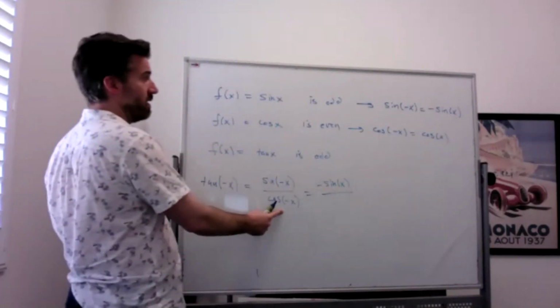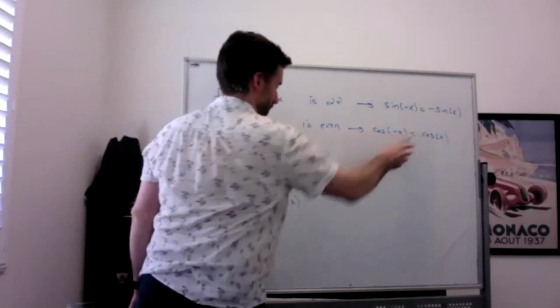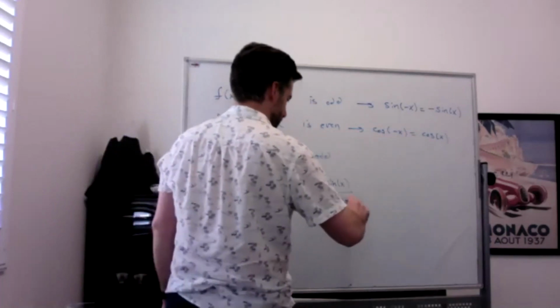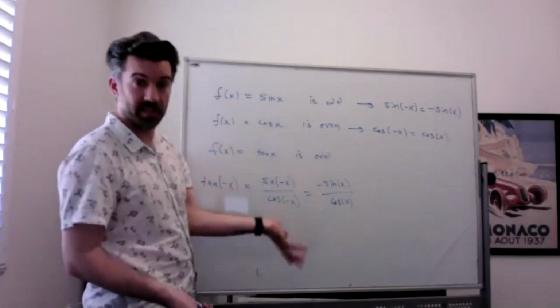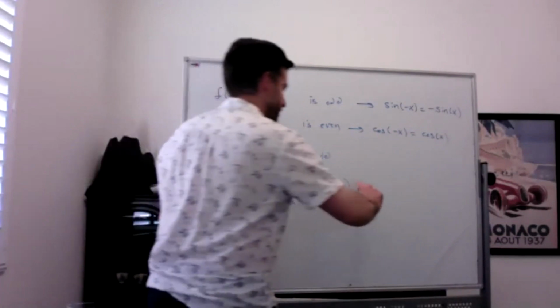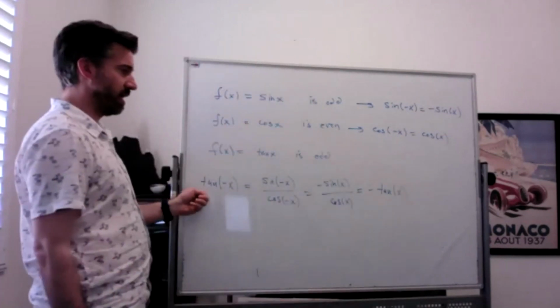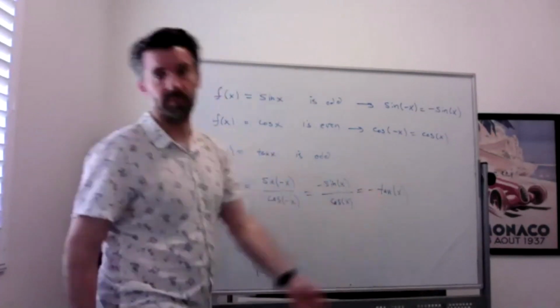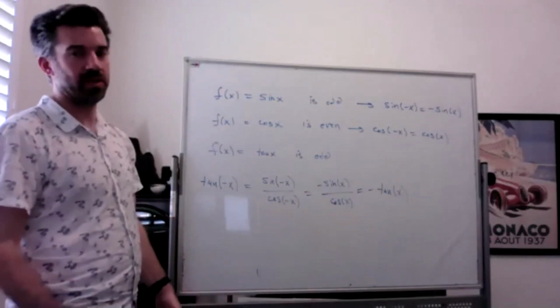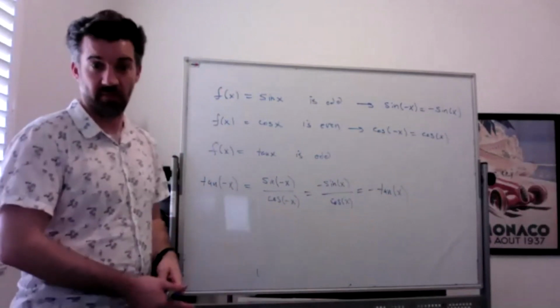And cosine being even means that cosine of negative x is just cosine of x. And then sine over cosine is tangent of x. So I've got negative tangent of x. So the tangent of negative x is equal to negative tangent of x, which shows tangent is an odd function.